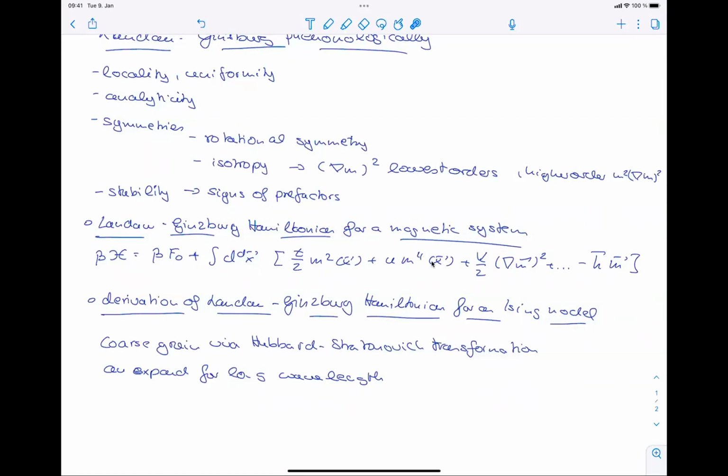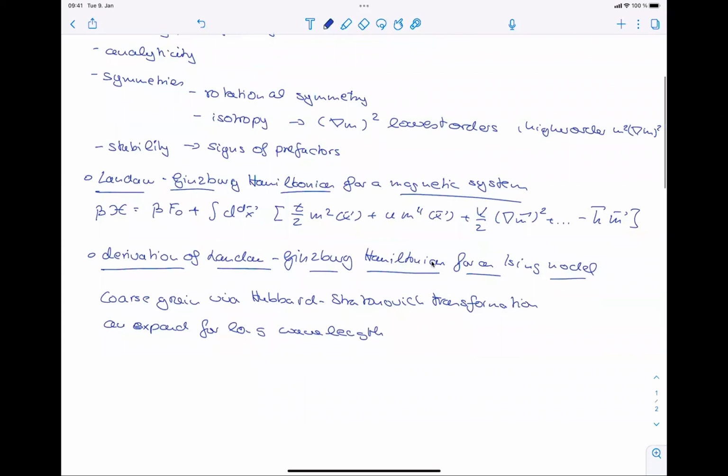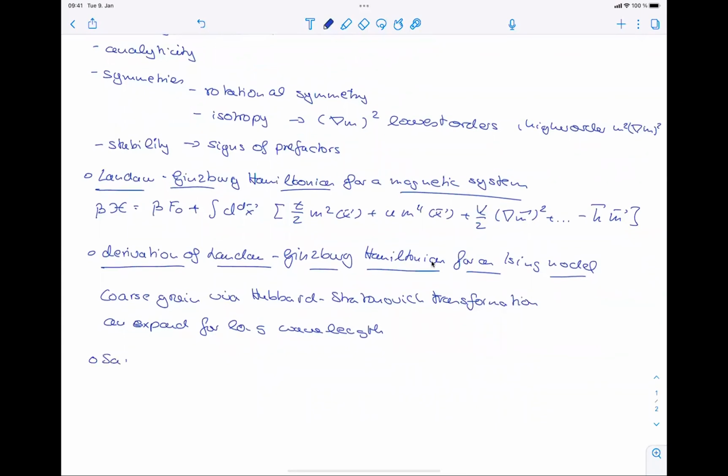And so I will look for the uniform field that is extremizing this functional, and then try to look at the dynamics of this specific system. And this is the so-called saddle point approximation, or Gaussian approximation.